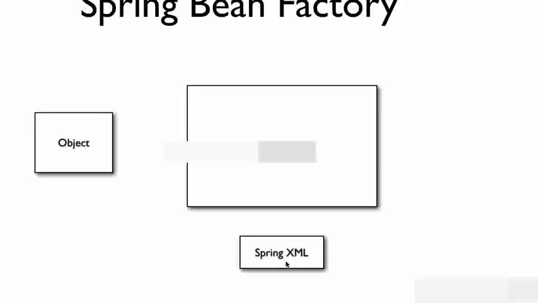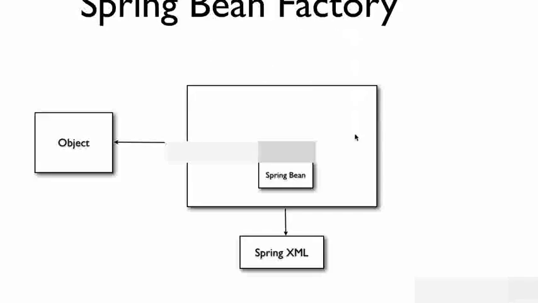The bean factory creates a bean from this blueprint, makes a new Spring bean, and this Spring bean is handed back to the object. Now the advantage here is that since this new bean has been created in the bean factory, Spring knows about it. Spring has a handle to this bean, and it manages the entire life cycle of that bean. So in this case, Spring acts as a container for this newly created Spring bean. So this is a high-level overview of how you can use a Spring bean factory in order to create beans.